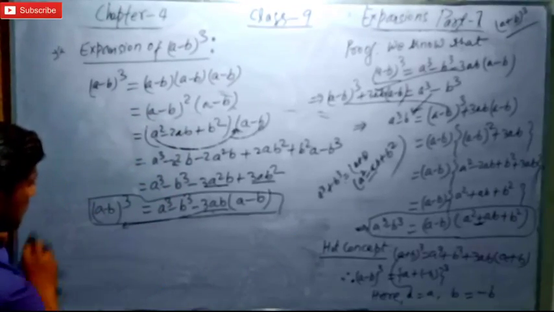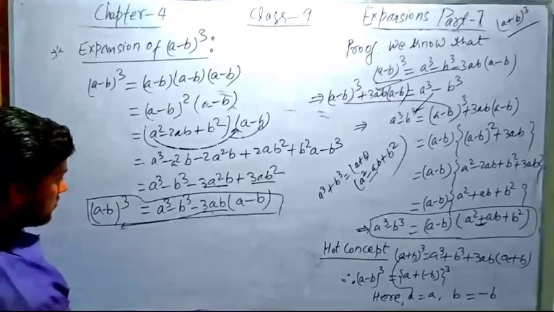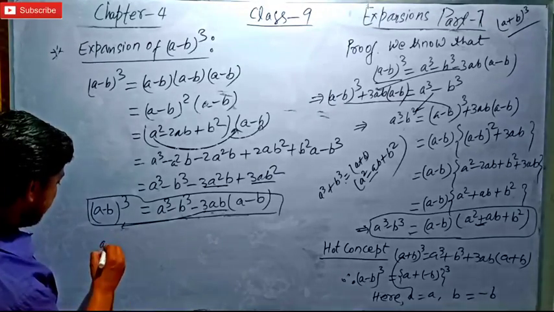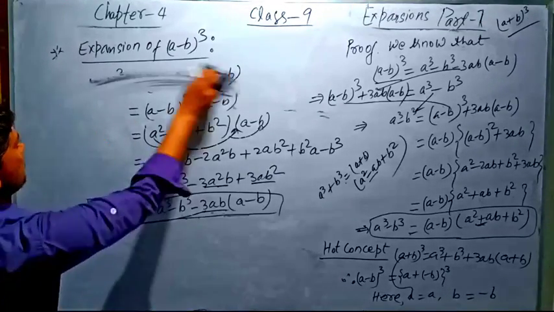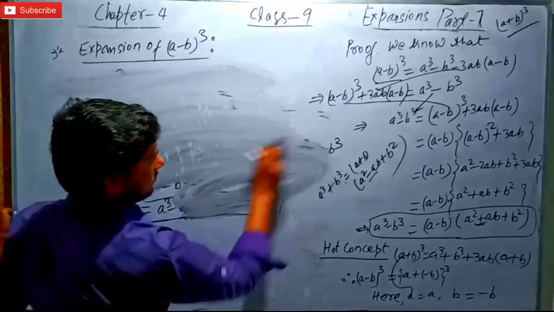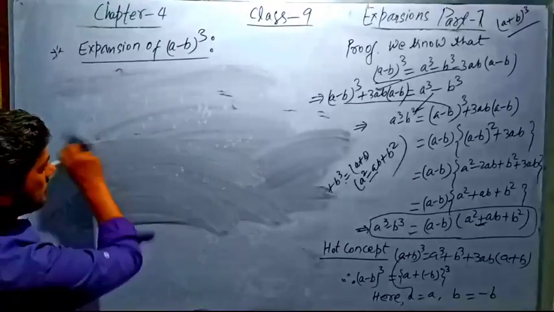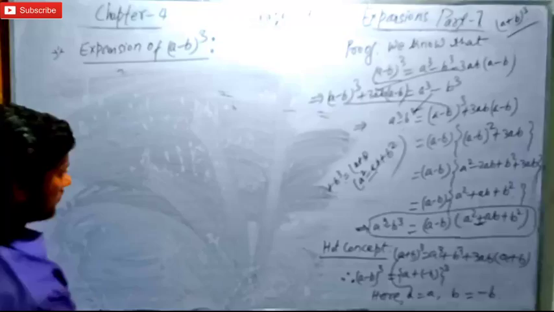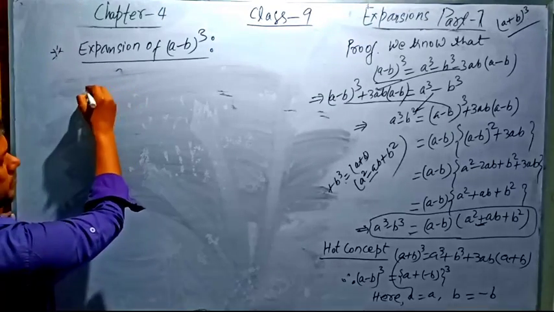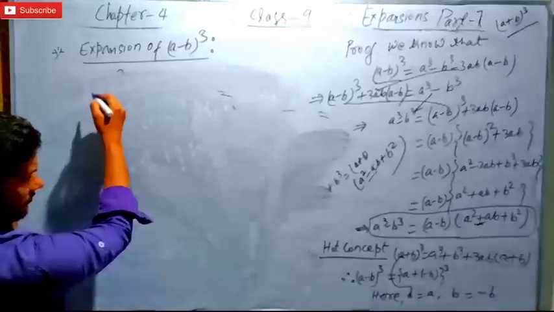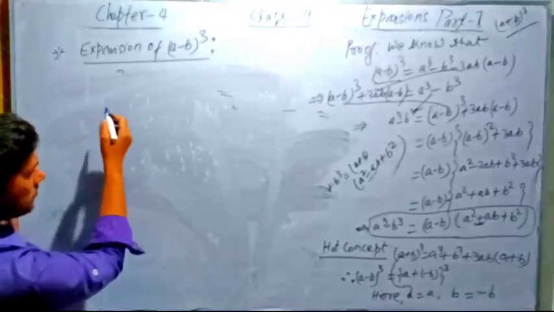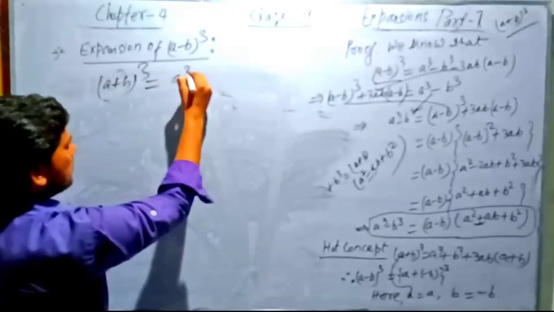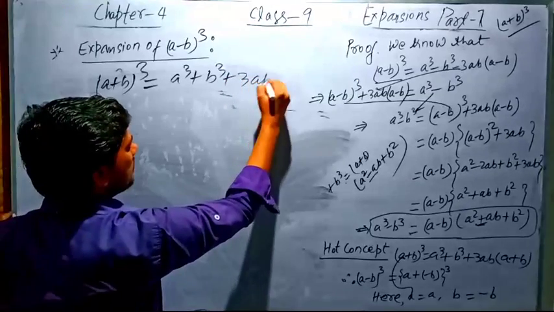See here. (a plus b) to the whole cube is equal to a cube plus b cube plus 3ab into (a plus b).